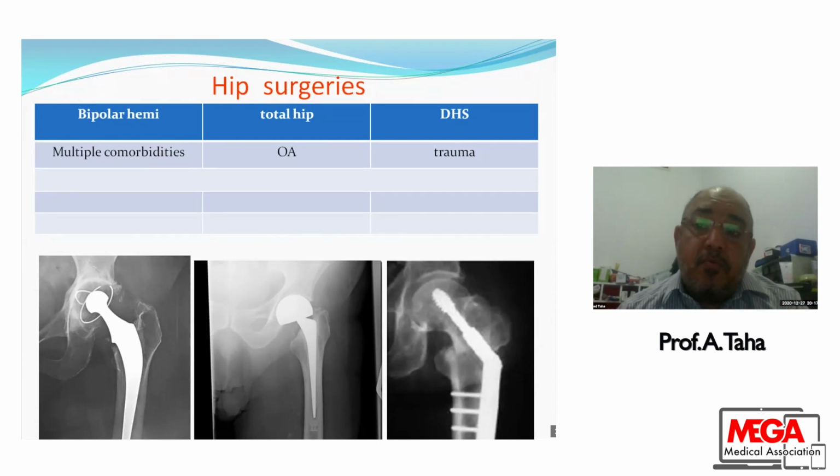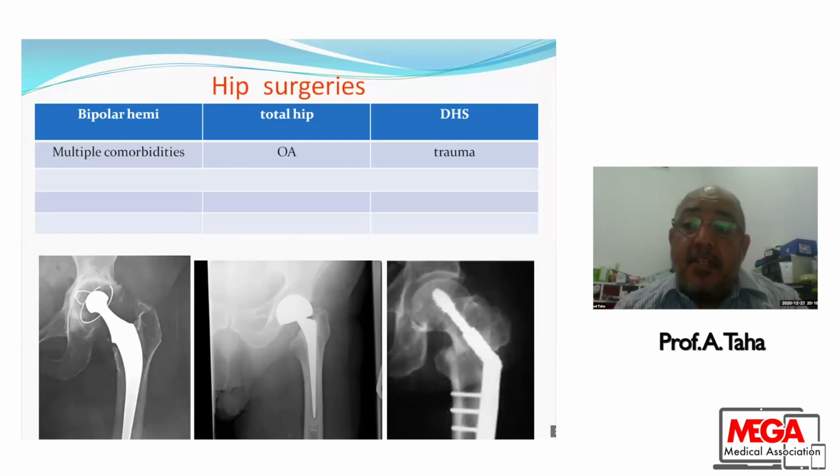Even operated patients, 10% of them will die within 1 year. The mortality rate increases with cardiac disease, and you want a lot of investigation and optimization. But postponing this patient increases the mortality rate.